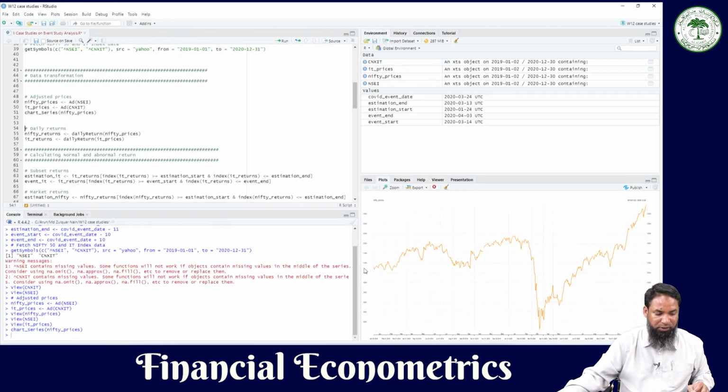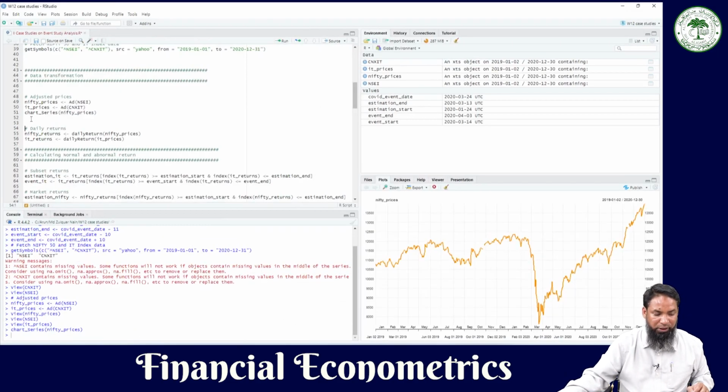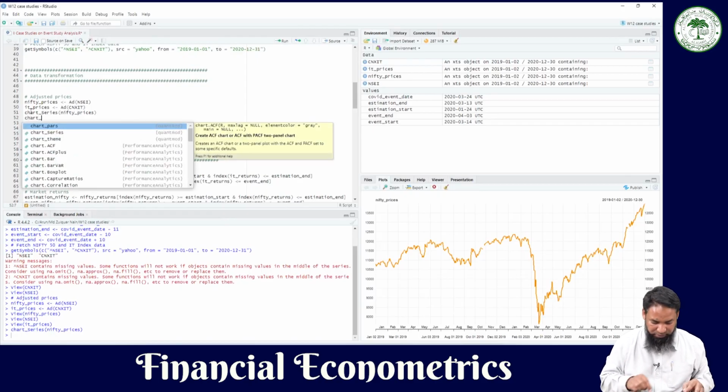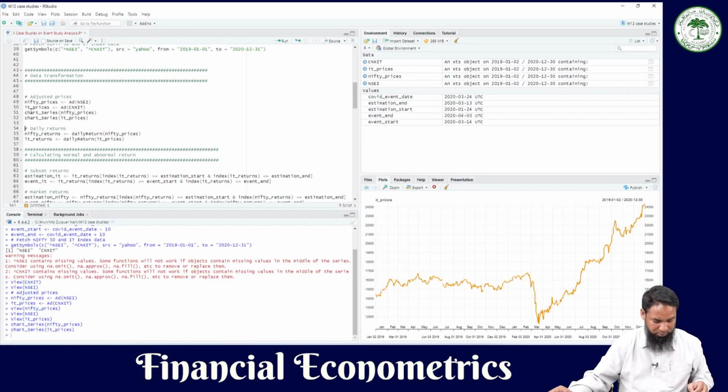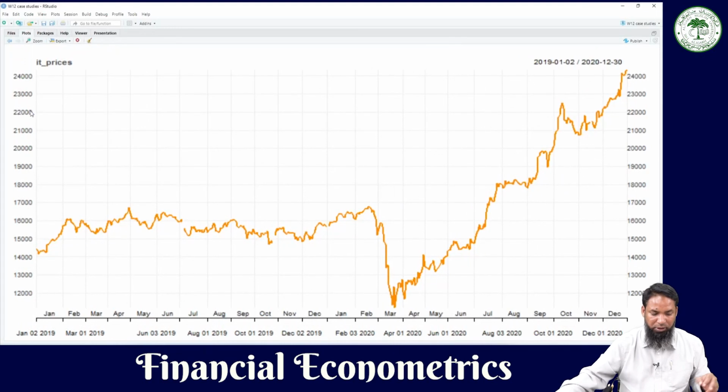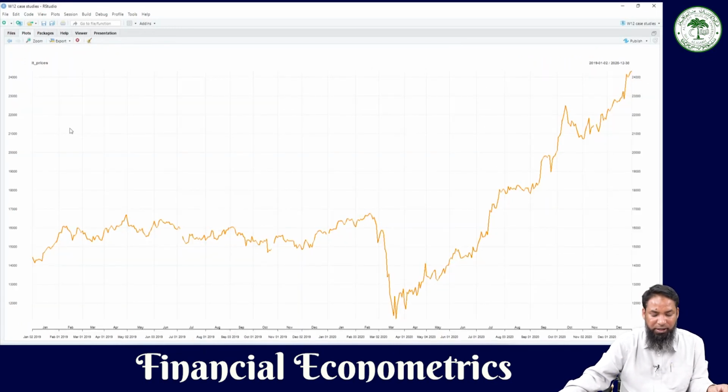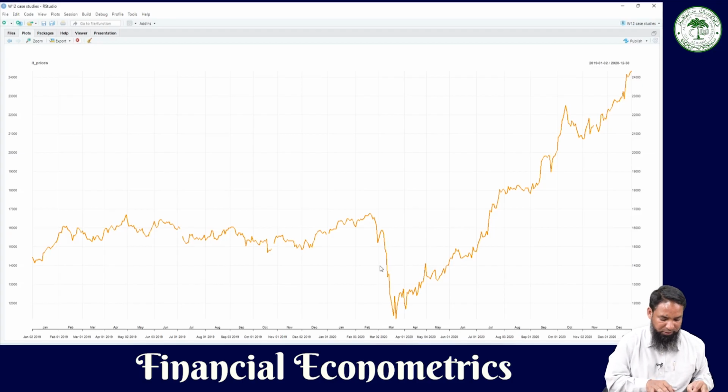Next we are going to chart the series for the IT prices. Here we can see how the IT prices have evolved. Again, we can observe a significant drop in March 2020 when the lockdown was announced.